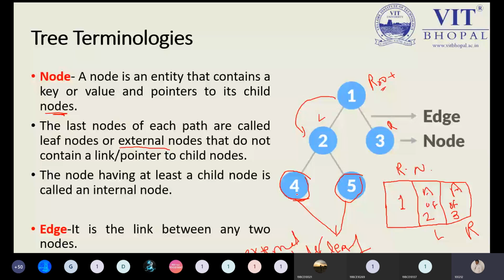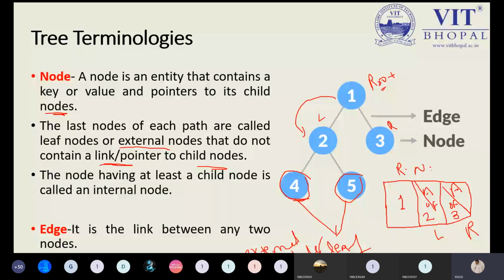So there is no connection to other nodes, because it is represented as the last node, like in a linked list. So 4 and 5 are recognized as leaf nodes or last nodes. They do not contain any link or pointer to child nodes, as I told you, so definitely they are represented by the last node. So what happened at that time?